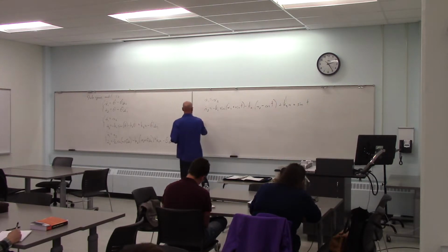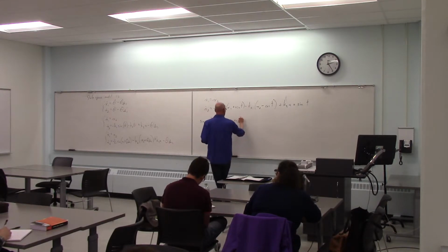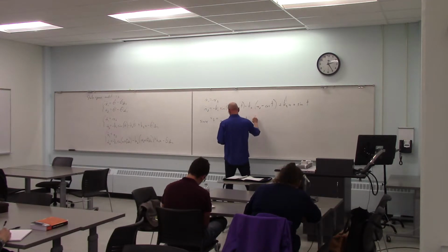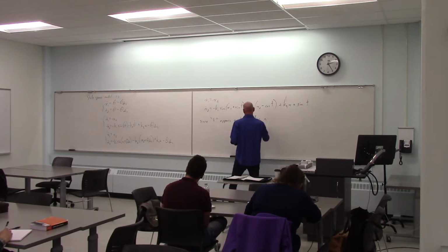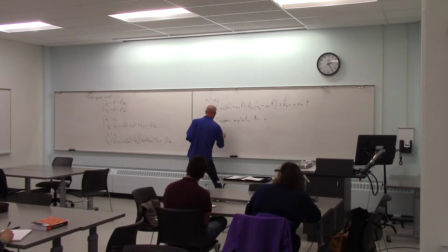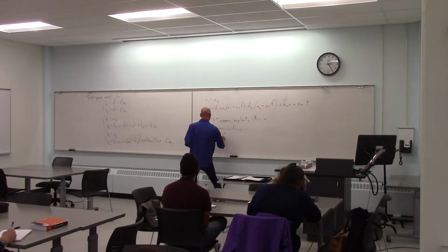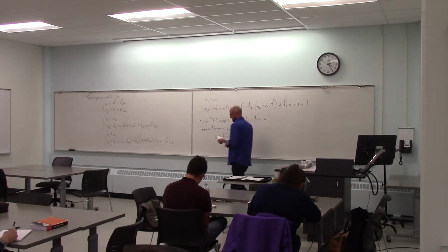So since t appears explicitly, this is a non-autonomous system. In other words, it's in the form x dot equals f of x and t.